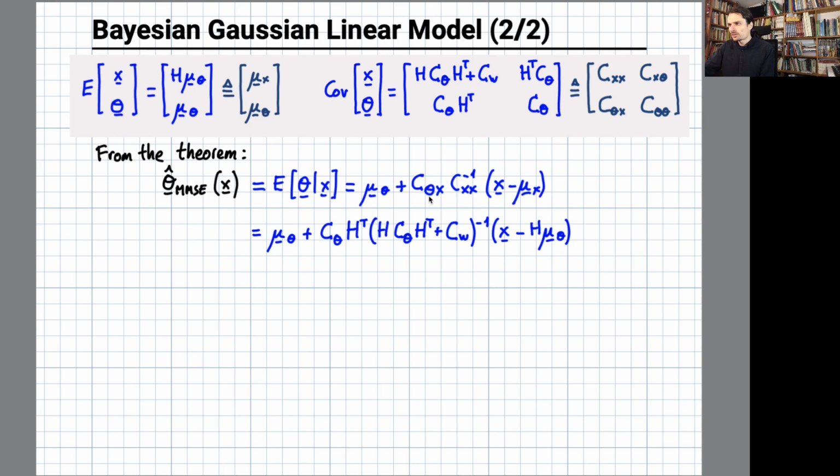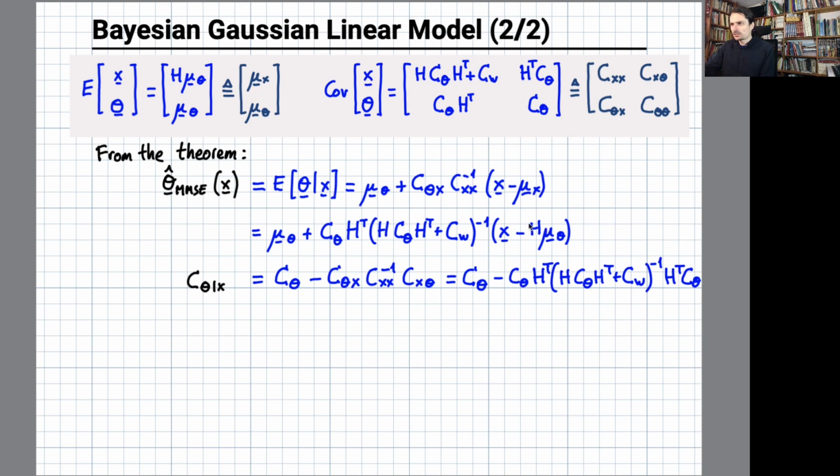C of theta x is just C_theta H transpose. C_xx is just this block here, and so on. Mu_x is this block here. And that gives us the MMSE estimator.